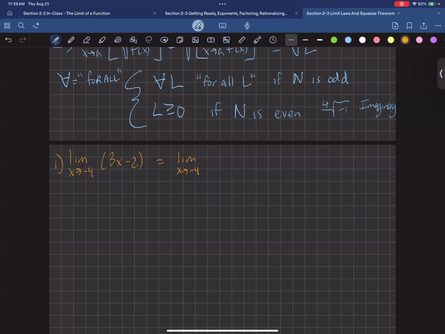This is the limit as x approaches -4 of 3x minus the limit as x approaches -4 of 2. And then I can take the 3 out because the 3 is a constant.